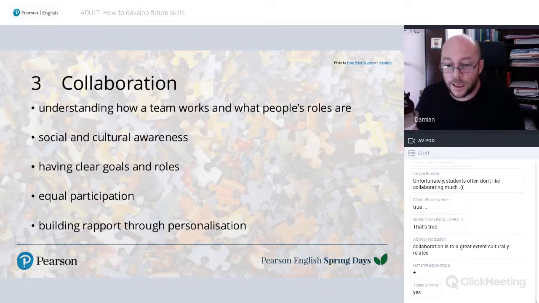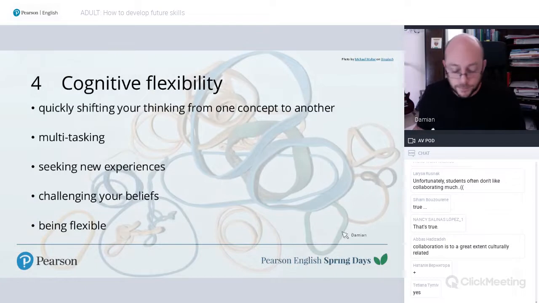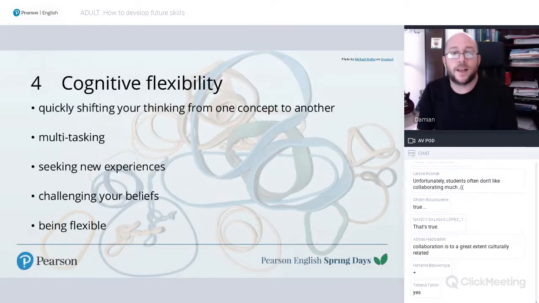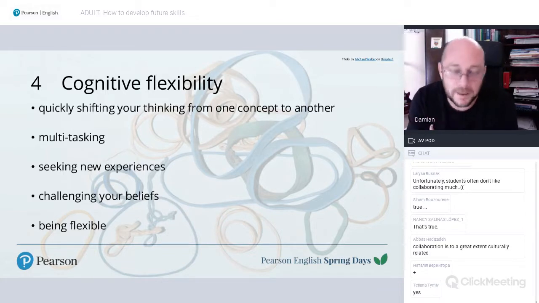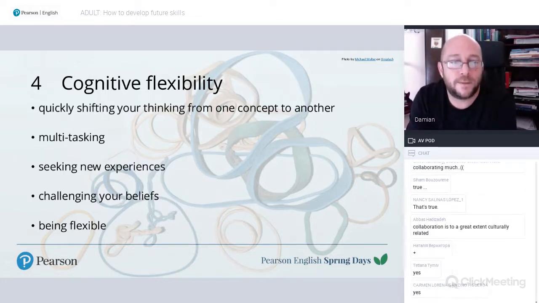So moving on to our next future skill, this is cognitive flexibility. This does kind of speak for itself. Cognitive as in engaging your brain, and flexibility as in being flexible, obviously. So this involves things like quickly shifting your thinking from one concept to another. And related to that is multitasking.